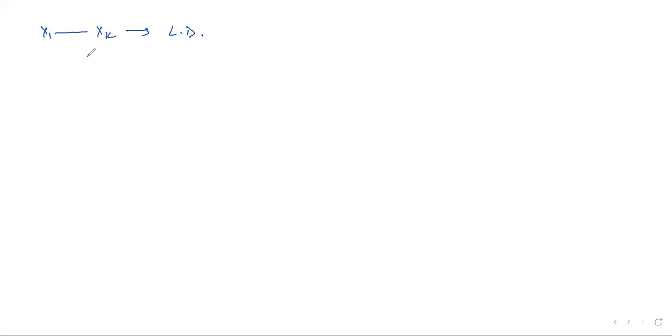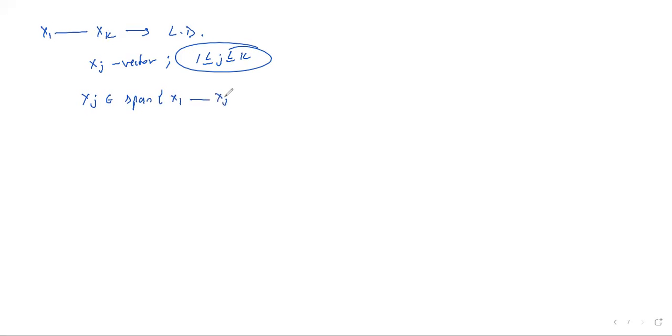And from this set, I have the vector xj, where j belongs to 1 to k. If xj belongs to the span of x1 to xj minus 1, then this set of vectors is linearly dependent.